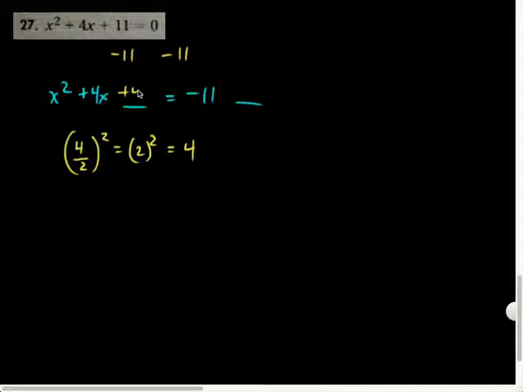And we'll add 4 here, add 4 there. And then we can fast factor this. Negative 11 plus 4 is going to be negative 7.